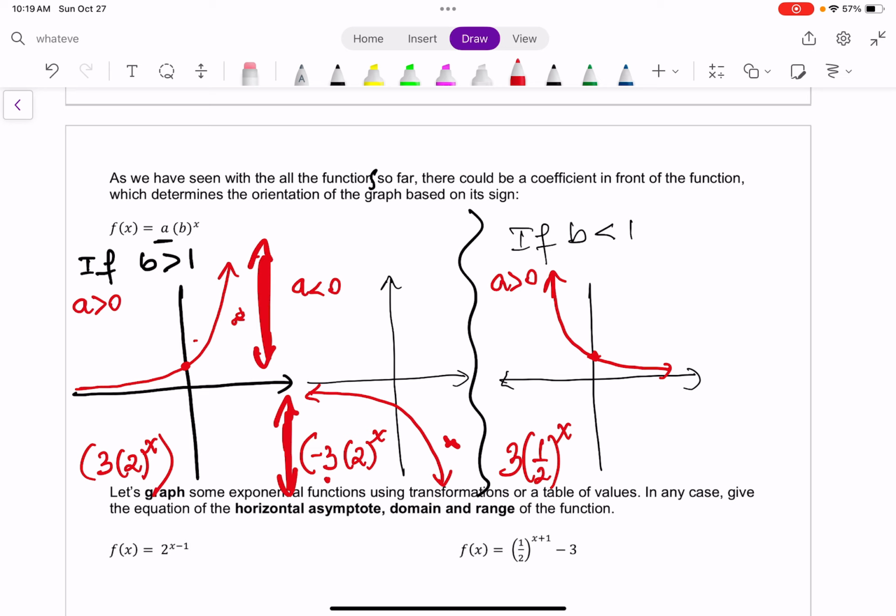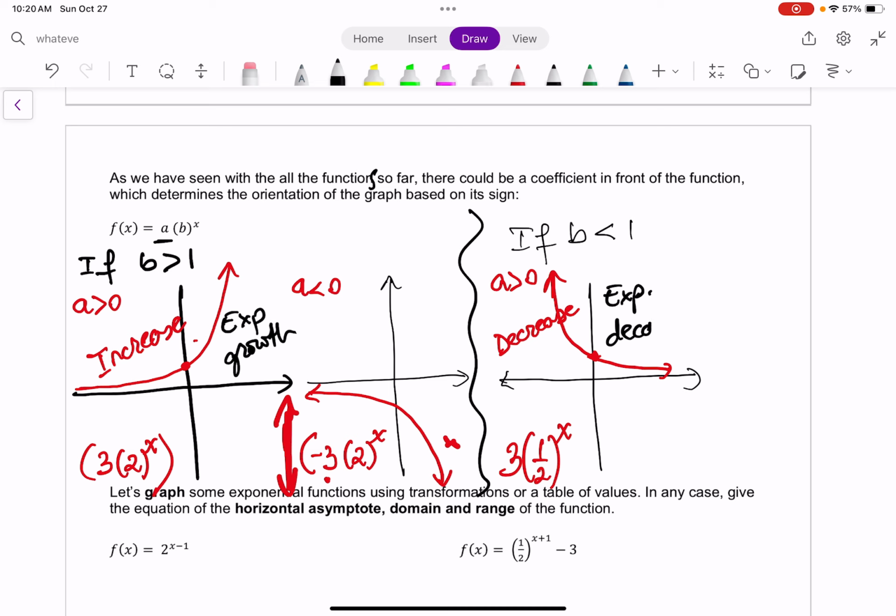So again, increasing, decreasing. One is what we would call exponential growth. And this one is what we would call an exponential decay.